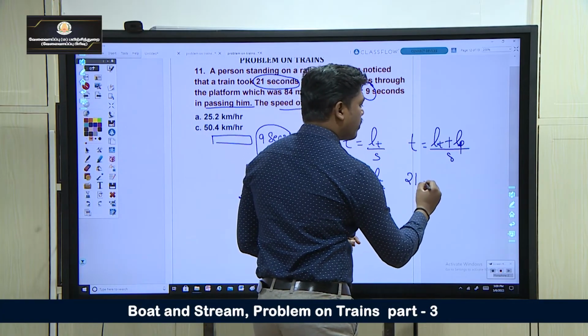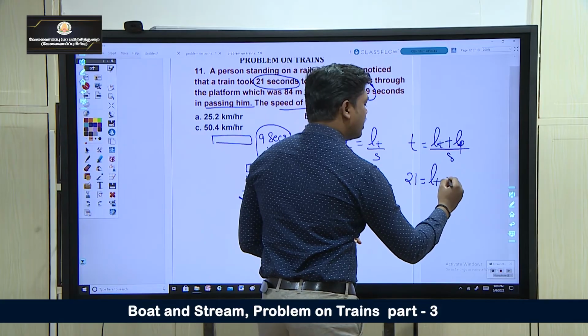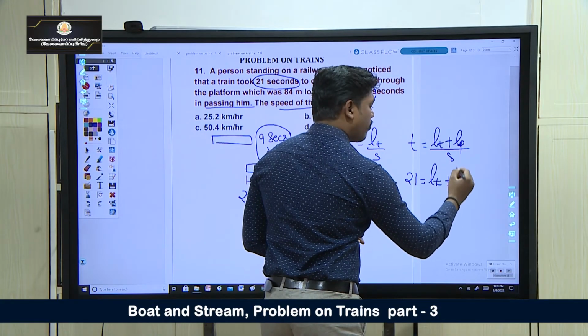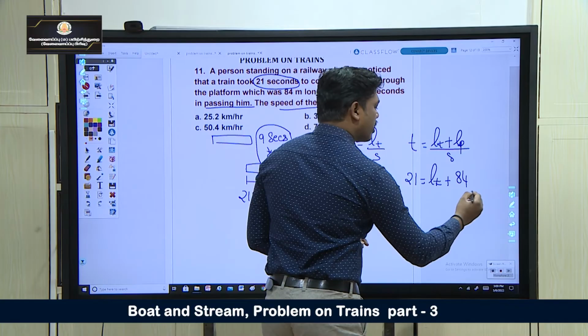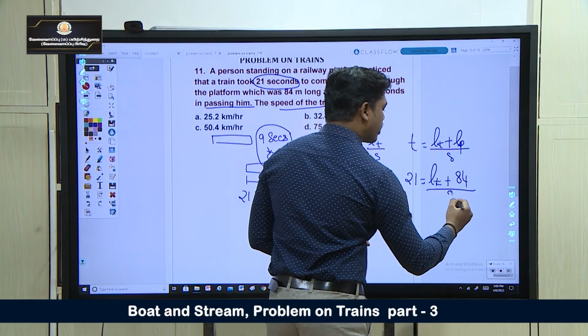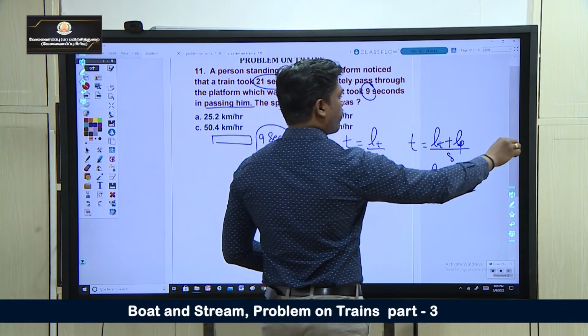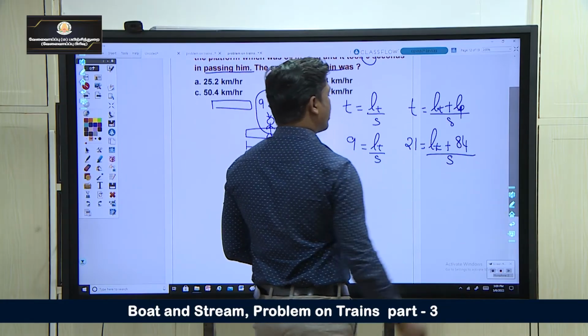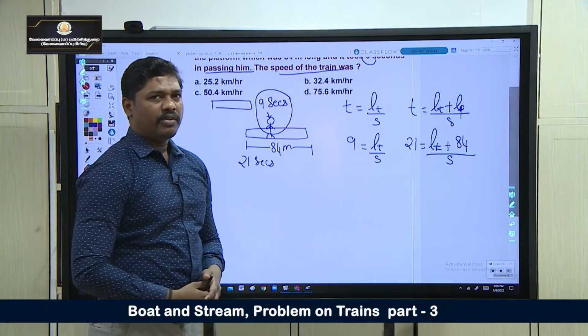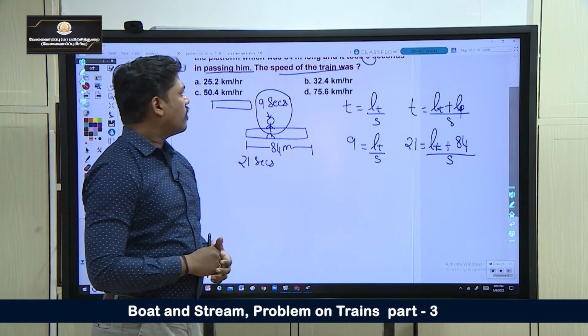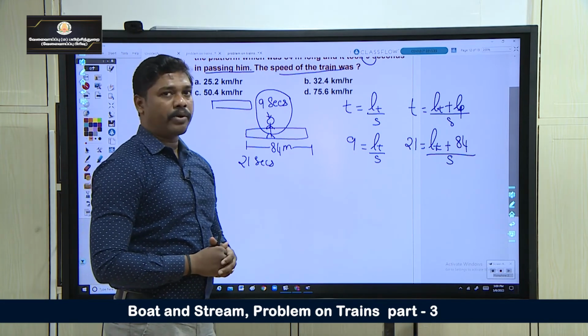So 21 is equal to length of train plus length of platform, 84 meters, divided by speed of train, which is not given. It is the same concept: we have two unknown variables, and they are asking for the speed of the train.